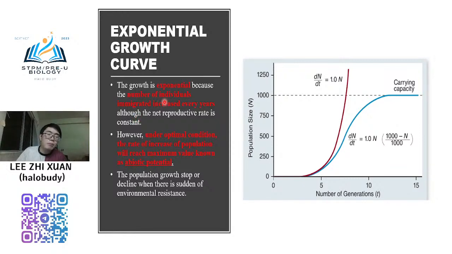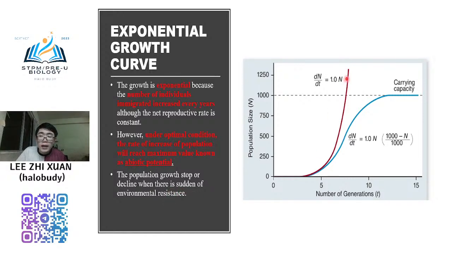It increases every year, with no decrease. Under optimal conditions, the rate of increase of the population will reach a maximum value known as biotic potential. And then the population growth stops or declines when there is a sudden environmental resistance.